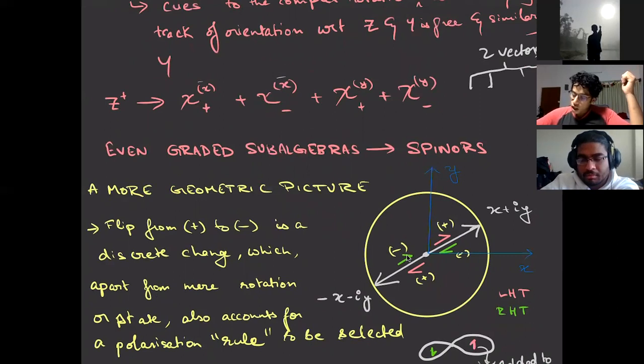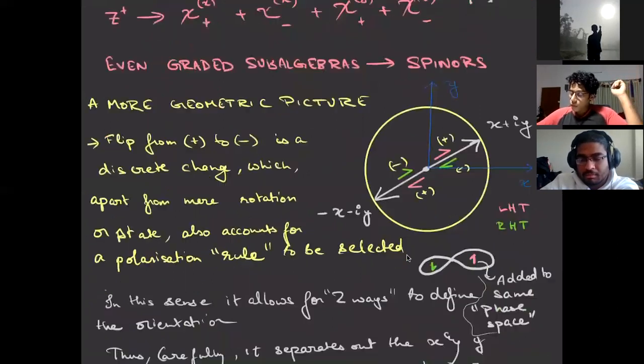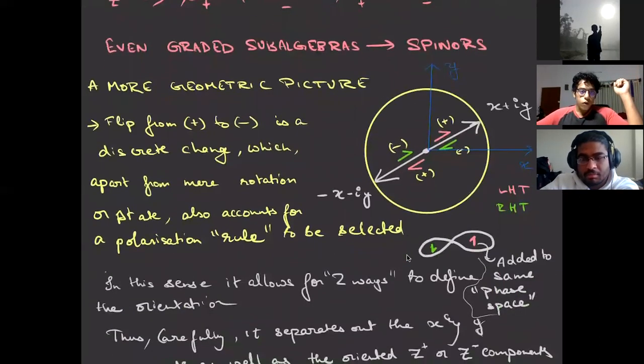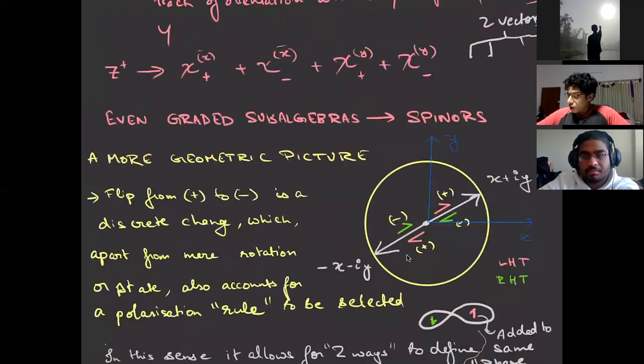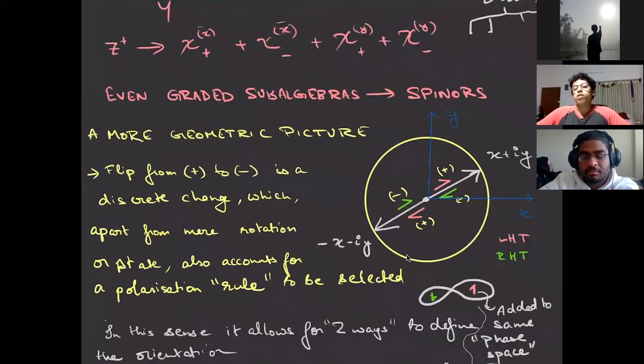Right. Anyways, so now moving on to a more geometric picture as to what spinors are and how they work. This geometric picture will actually help us later on in understanding twistors as well.